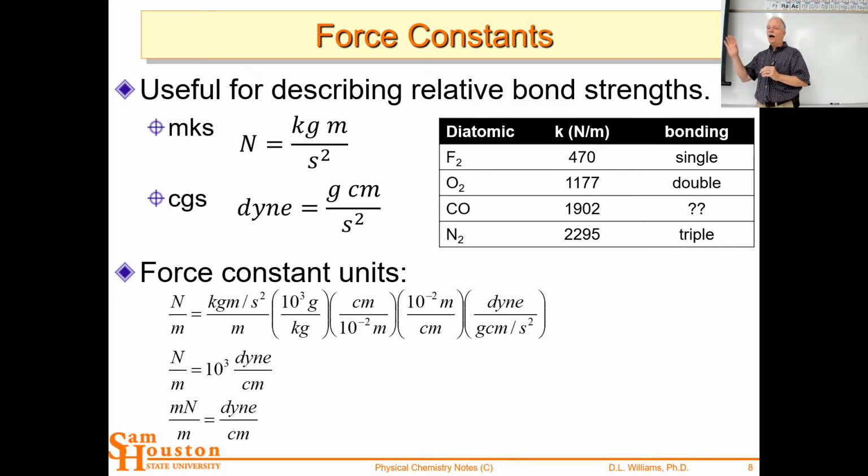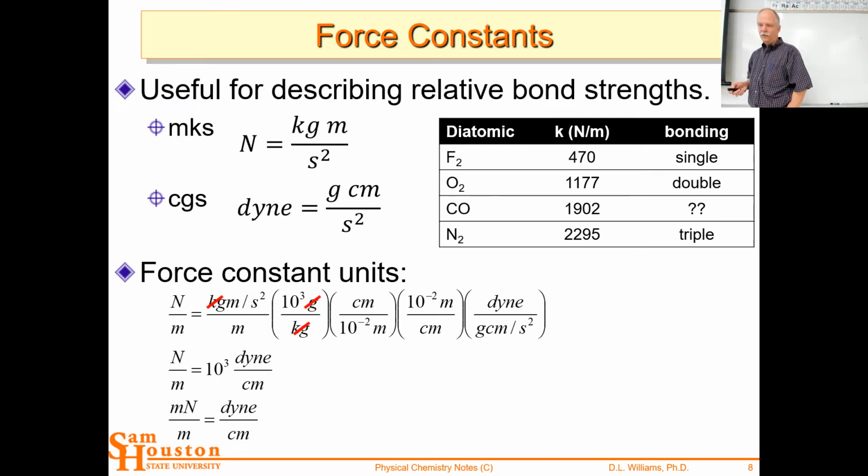And so I wanted to show you the unit analysis on how to get from newtons per meter to see how many dynes per centimeter that is. And so here's all of the different unit conversions. I know a newton is a kilogram meters per second squared per meter, so newton per meter is that. And so we're going to get out of kilograms and into grams.